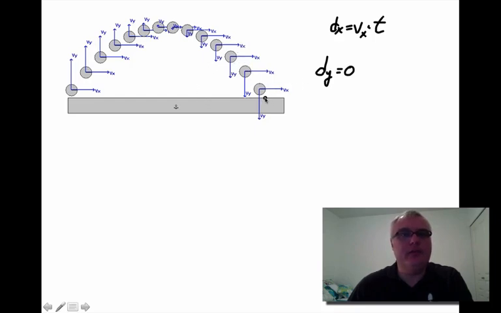So in terms of displacement, remember displacement is how far is it from where it started. In the y direction, it doesn't appear to have moved. It's here at this vertical position at the beginning and at the end. So when we look at the vertical motion, in this equation, it's the left-hand side which is 0.